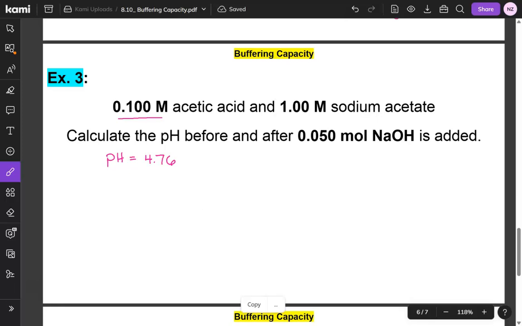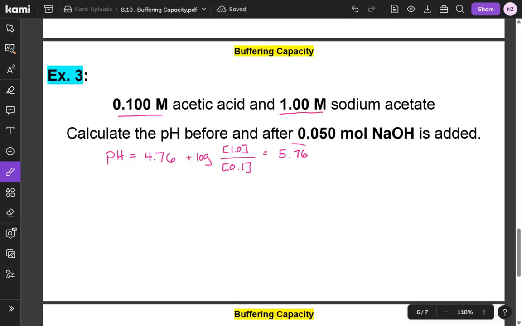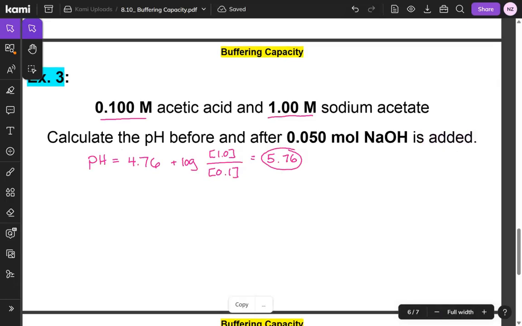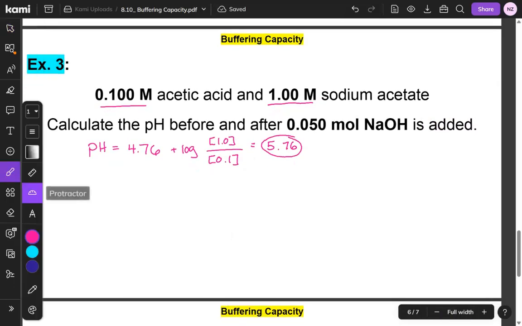Plus log, this is going to be 1 molar over 0.1 molar. So here our initial pH is going to be 5.76, which makes sense because our conjugate base has a higher concentration. So of course, our pH is going to be higher, which means the concentration of our OH is going to be stronger in our solution. There's going to be more of it.